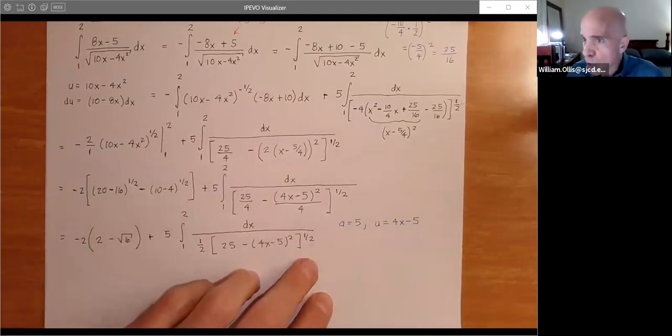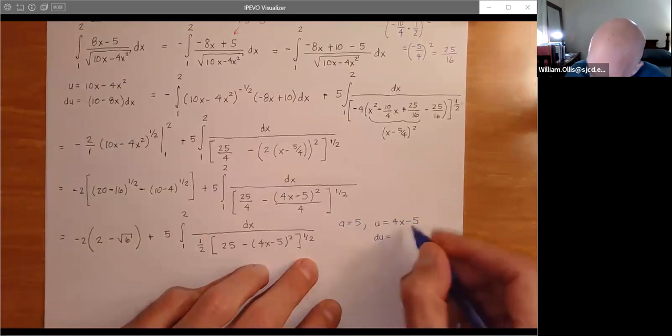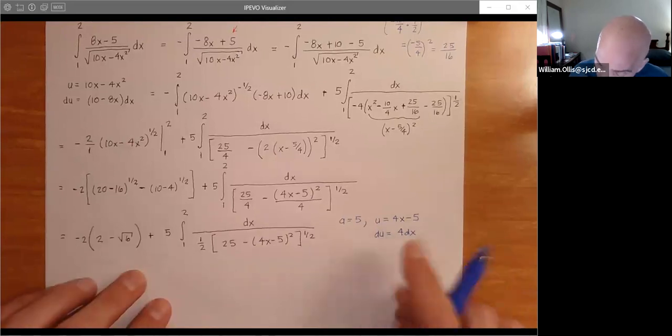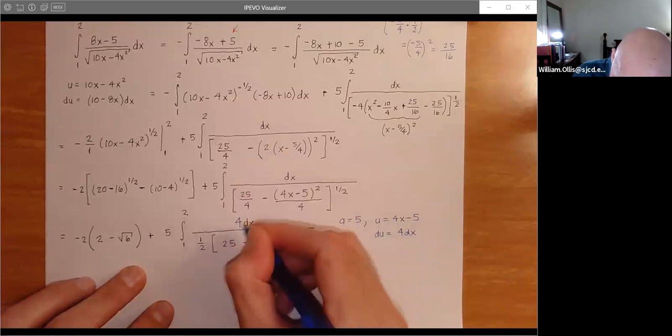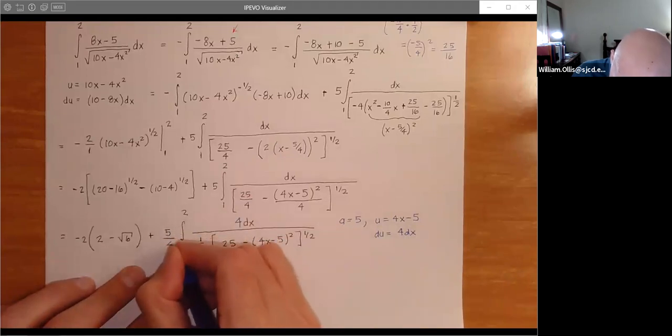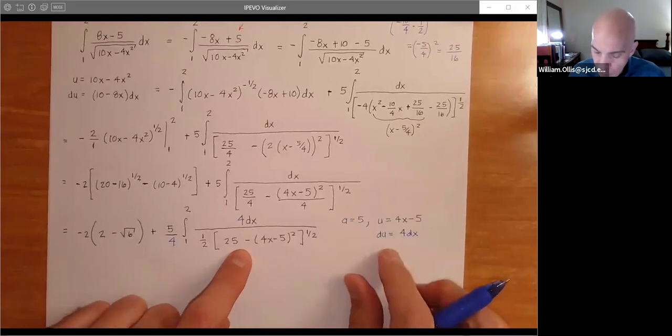But again, you still get the same answer. And du will just be 4 dx. So now, of course, we need the 4 here, so we can put in the 4 here and then pay for it here to make this table ready.